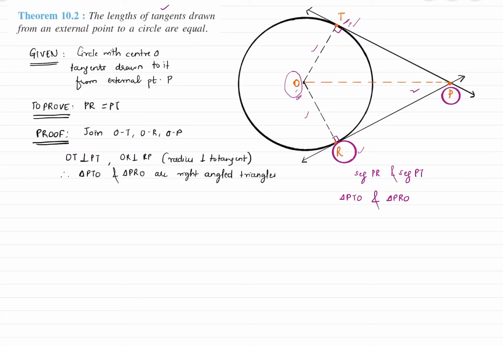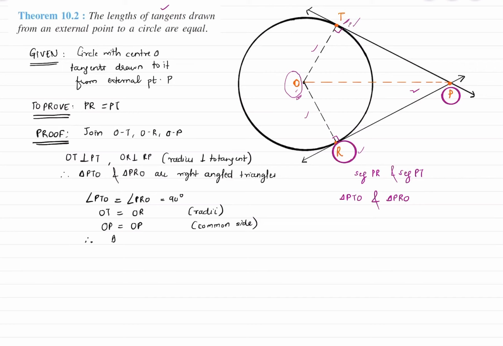I'll begin with a pair of right angles. Angle PTO is equal to angle PRO, equal to 90 degrees. OT is equal to OR because they are the radii. OP is equal to OP, common side.